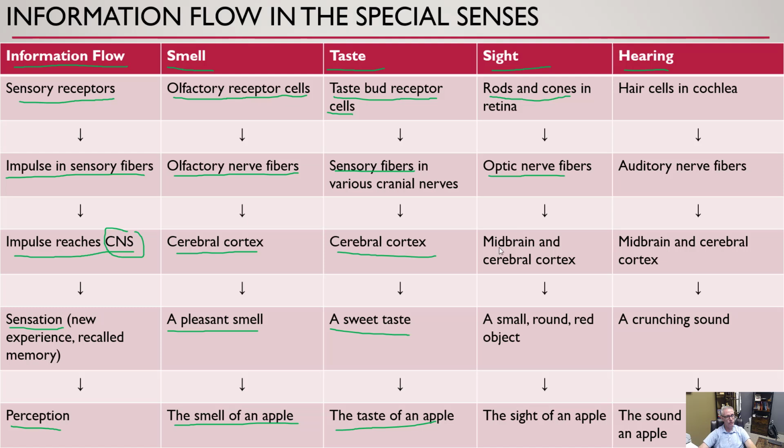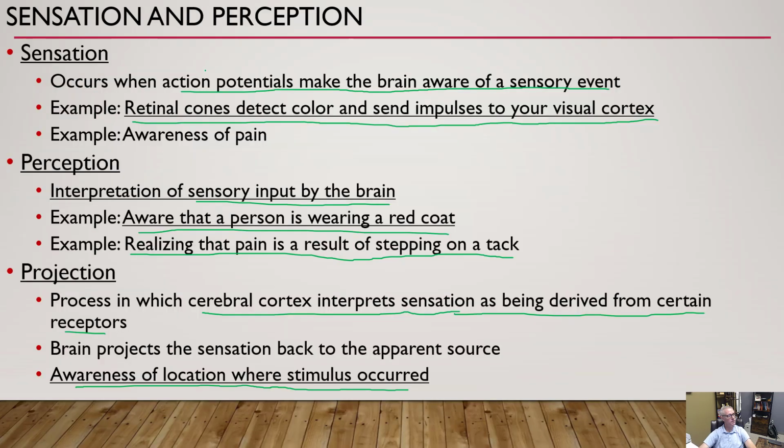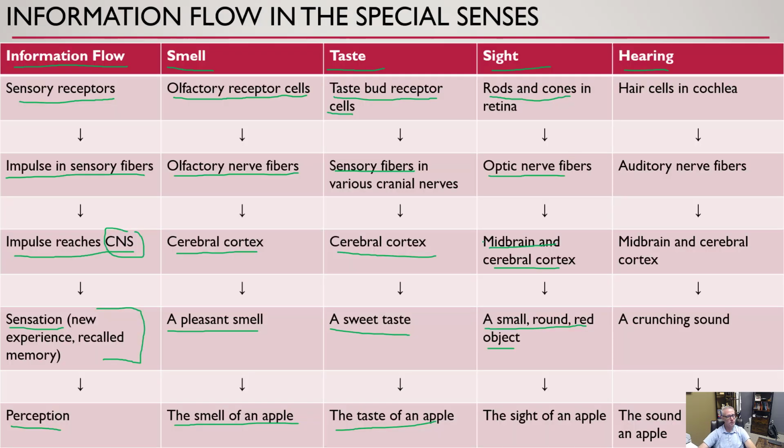Our optic nerve then goes to the midbrain and the cerebral cortex, and it's going to process that information as a small round object. Remember, that's our sensation. If we go back to what our definition of sensation is, we're aware that something is going on, but we don't necessarily know what it is. A small round object, and then our brain processes that information, and now it processes it as an apple.